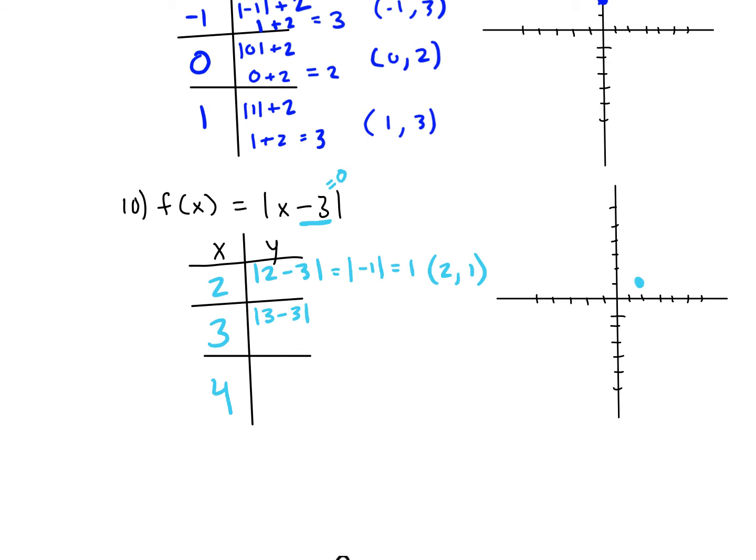So the absolute value of 3 minus 3. What's 3 minus 3? 0. So I plugged in 3 and got 0. So I go to the right to 3, stay on 0. And then lastly, I'm going to plug in 4. So I have 4 minus 3, which is 1. So 4, 1. So I go right 4 and up 1. Those are my 3 points, so I just connect the dots.